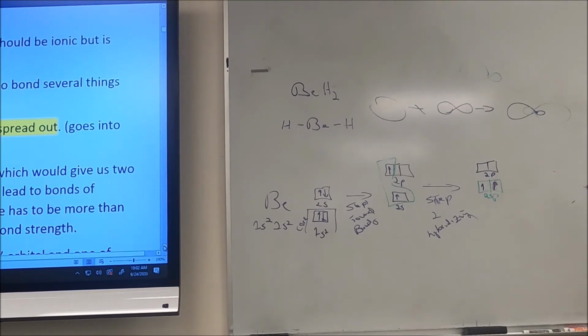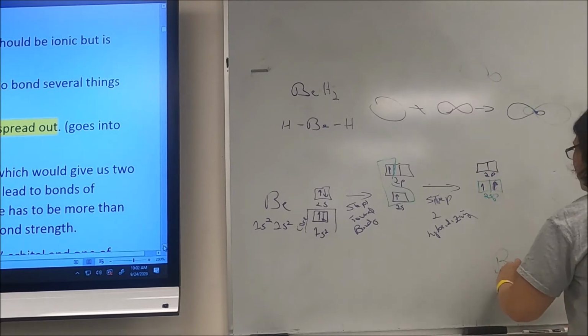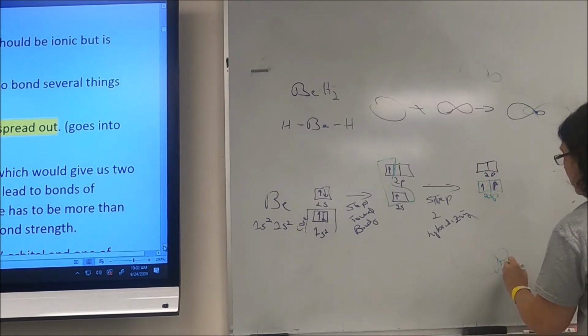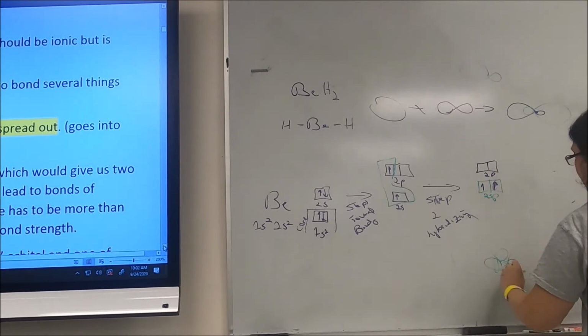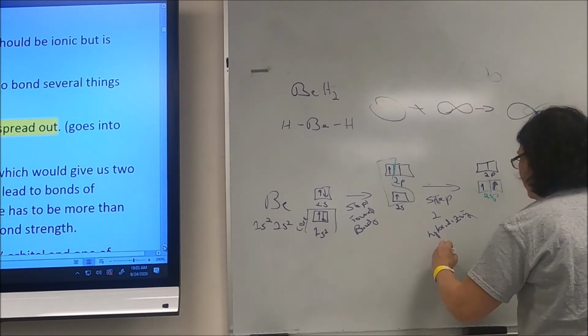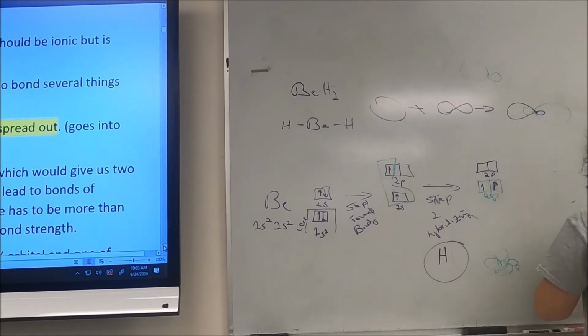Okay? So the beryllium sits here and it's got its orbitals like this, and then hydrogen comes in, and it doesn't have to hybridize anything. It's only got one electron and it's in 1s.